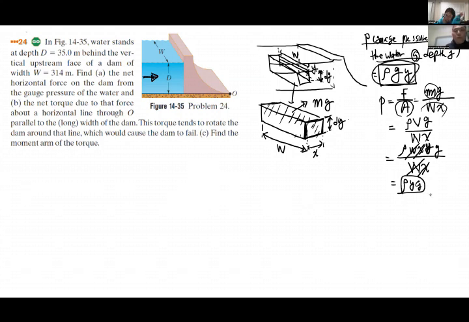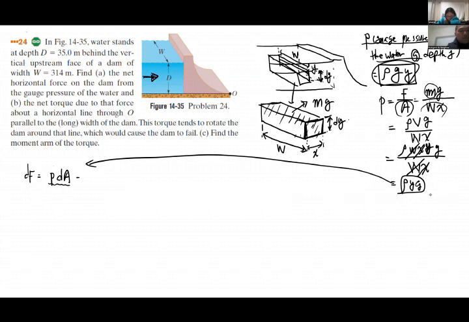Now you want to estimate the force on a given small area of dy in the depth. So the force should be P times dA. Now the P is rho g Y, and you want to estimate the horizontal force.